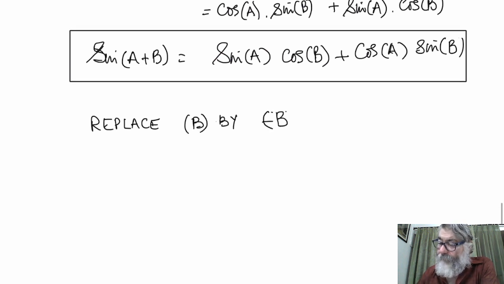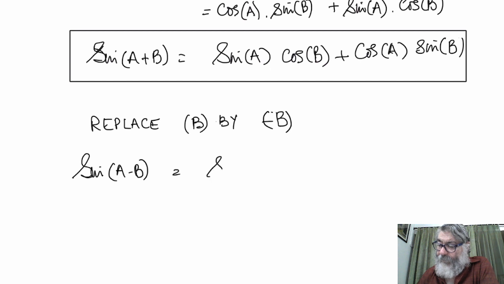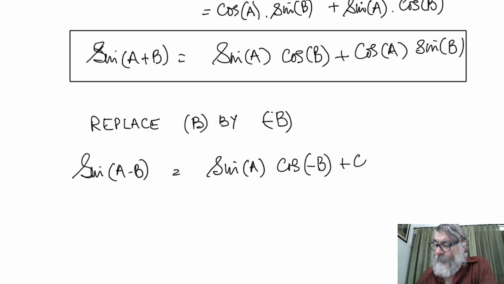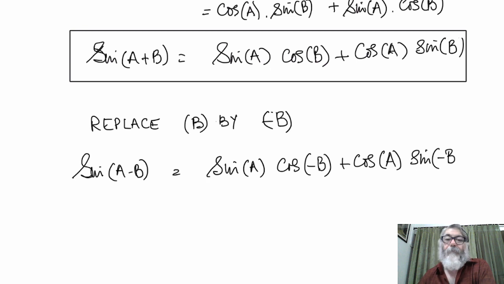Replace B by minus B. Where B is there, substitute minus B there. So what will I get? I'll get sin A minus B equal to sin A cos minus B plus cos A sin minus B.